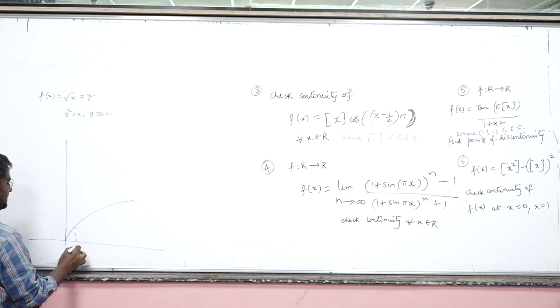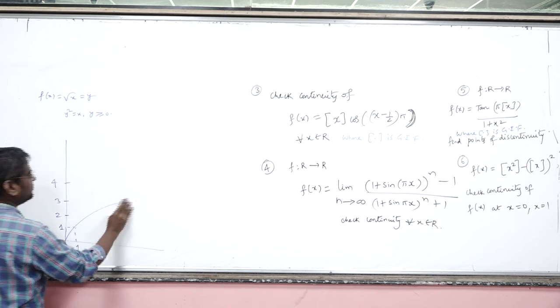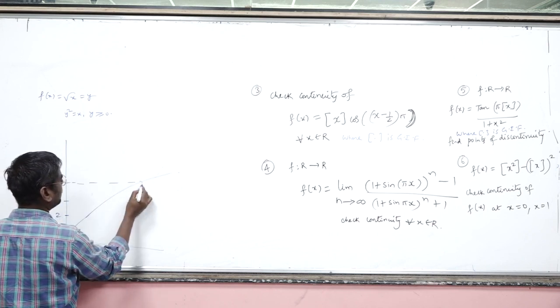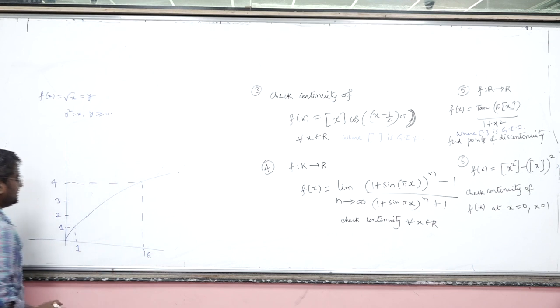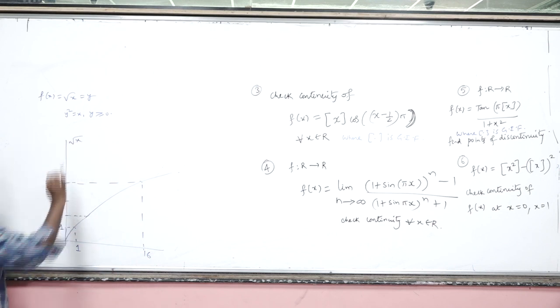So when x equal to 1, this is 1, and there is some 2, there is some 3, and there is some 4 also. So this is x equal to 16, and naturally it will become 4. We need to identify, this is the graph of root x.